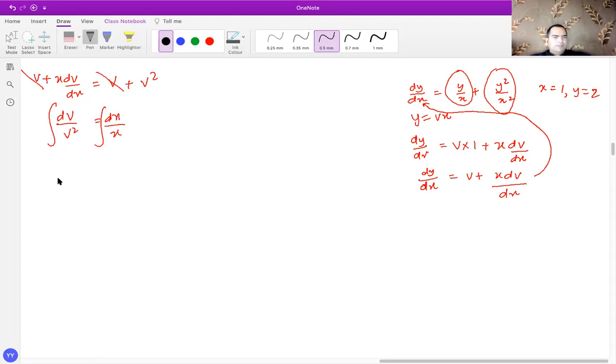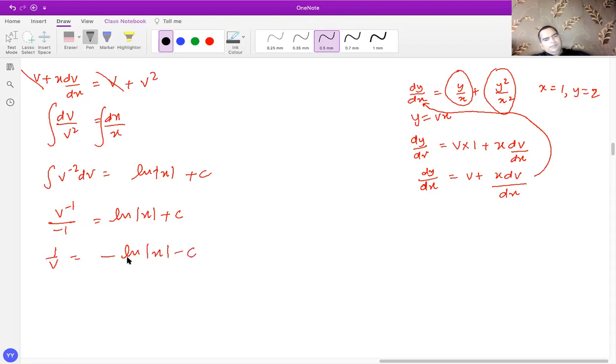So this integral will be the integration of v to the power negative 2 dv equals ln x plus c. Now this one will be v to the power negative 1 over negative 1 equals ln x plus c. You can just multiply the negative to the other side. So 1 over v equals negative ln x minus c.